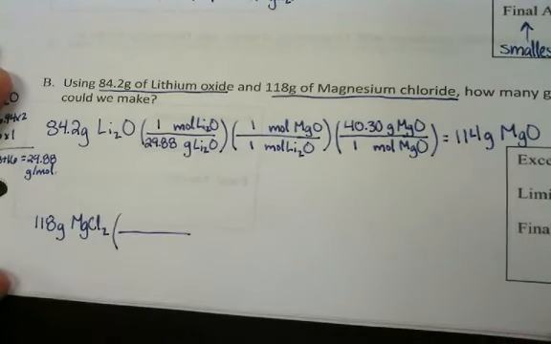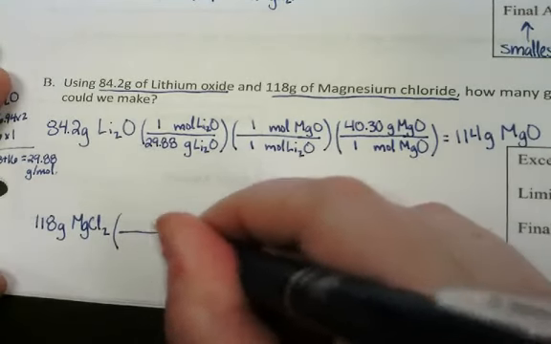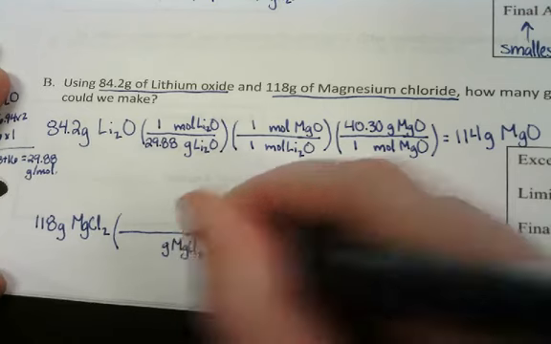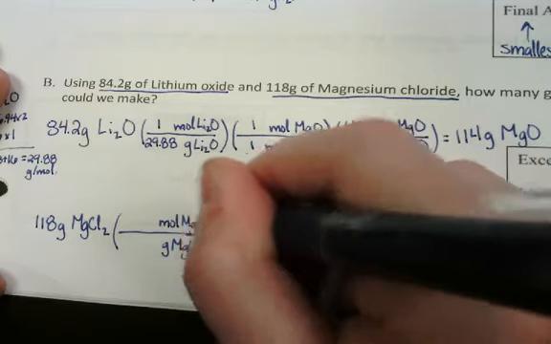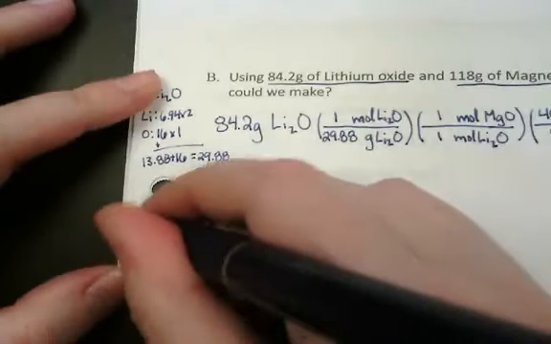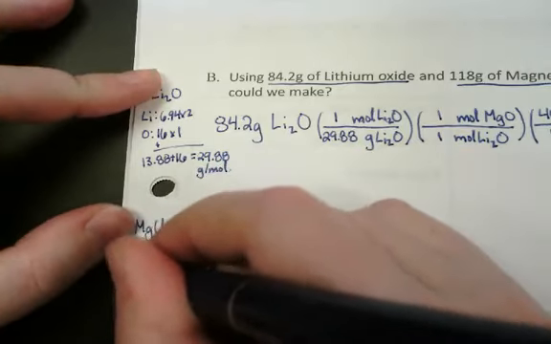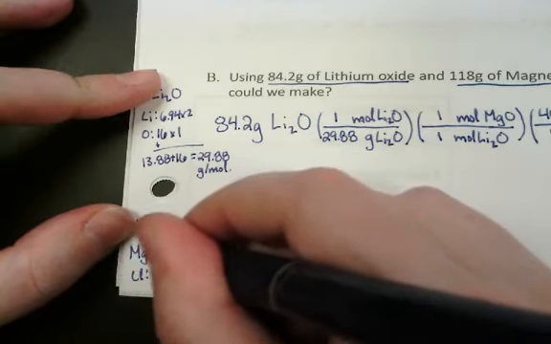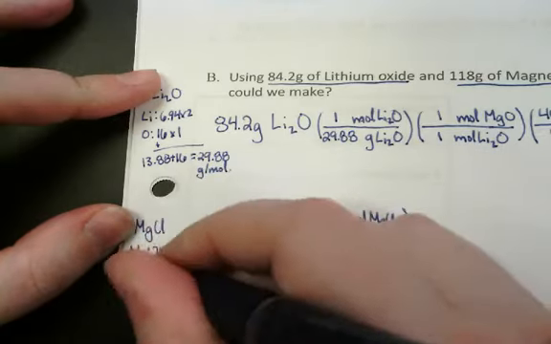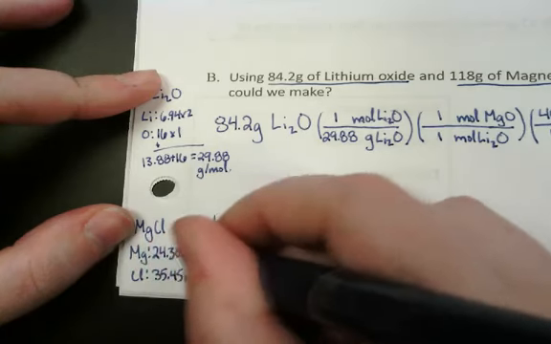We're just doing it twice in one problem. So we can do grams of magnesium chloride to moles of magnesium chloride, but we have to find the molar mass. So magnesium is 24.30. There's 1. Chlorine is 35.45. There's 2.